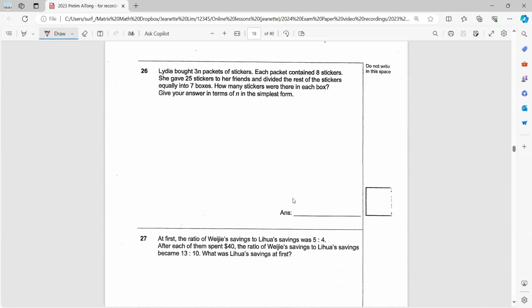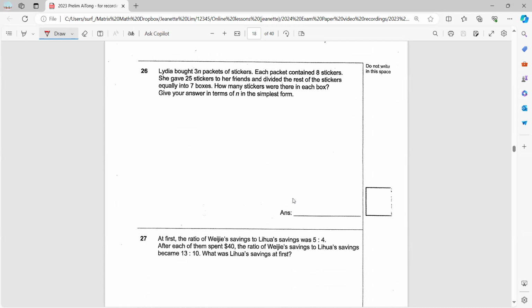Question 26. Lydia bought 3N packets of stickers. Each packet contained 8 stickers. She gave 25 stickers to her friends and divided the rest of the stickers equally into 7 boxes. How many stickers were there in each box? Give your answer in terms of N in the simplest form.